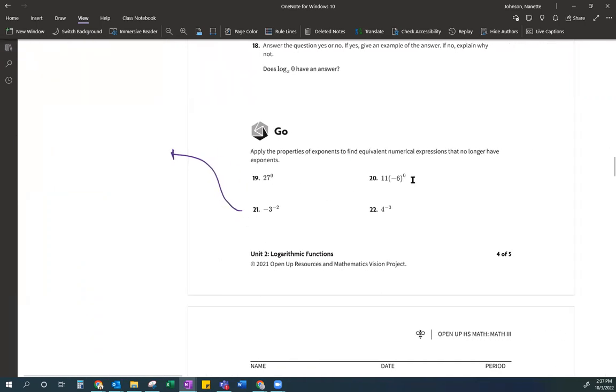When it has parentheses, the -2 applies to the whole thing. So Miss Johnson, you want me to divide because it's negative 2 times? Yes. By -3? So this actually looks like 1 over -3 times -3, divided 2 times, right? So that would equal 1/9.